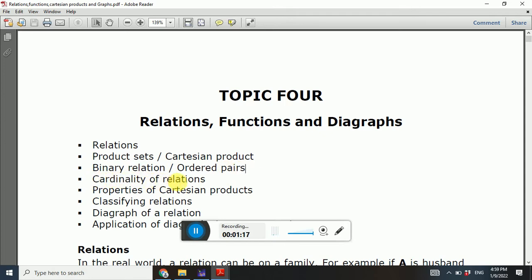How do you find the cardinality of these products or the relations that we are going to look at? What are some of the properties of Cartesian products? And under this, we shall look at things like the cardinality of the Cartesian product, how many subsets they have, and so on.